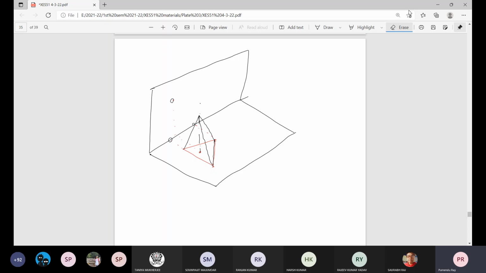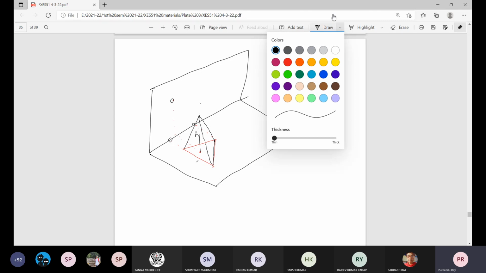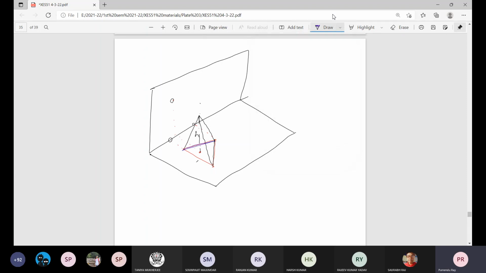Now you just tell me, one triangular base pyramid is resting on the horizontal plane with one of its base edges perpendicular to the ground line. This is the height of the pyramid. So when we project it on the vertical plane and on the horizontal plane, the base itself is coming in this form. The base of the object and the base of the plan overlap because it is resting on the horizontal plane.